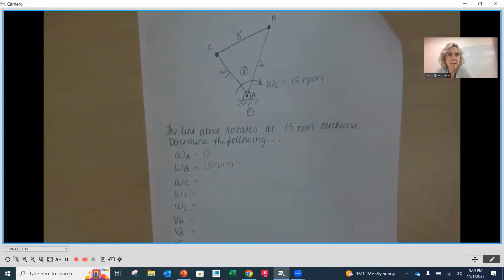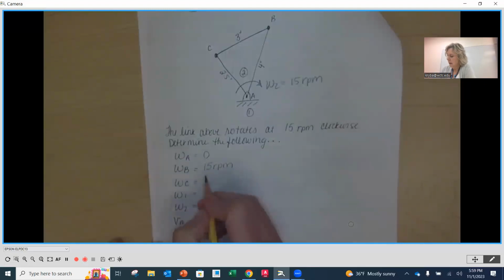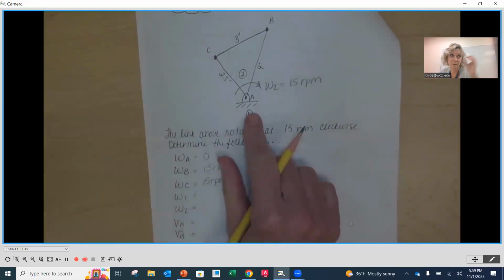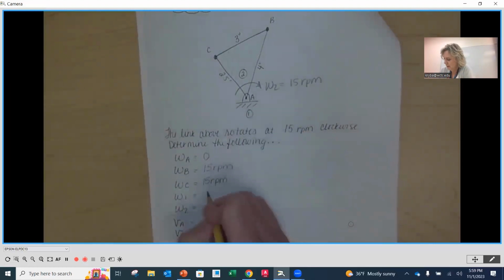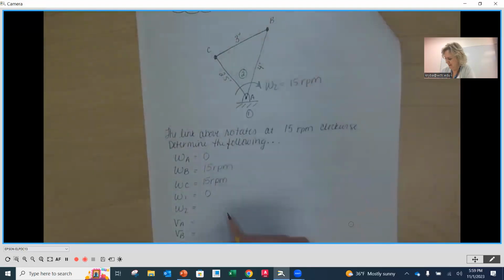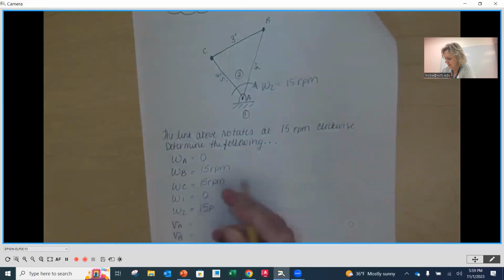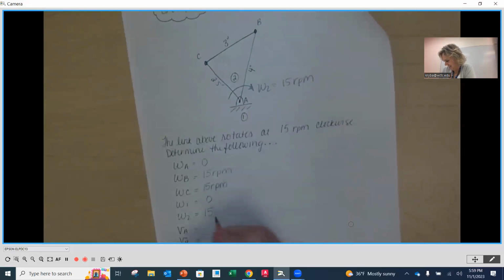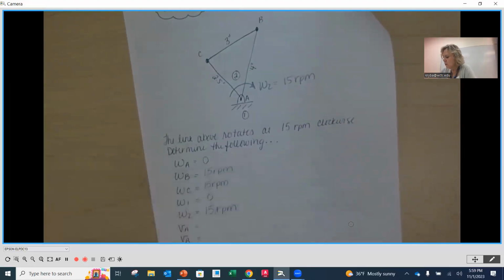All of the points on that link are rotating at the same angular velocity of 15 RPMs. Good. What about W1? 1 is the frame. That one's 0 for sure. What about W2? 15 RPMs. Okay, yes, good. Any questions on any of those 5?